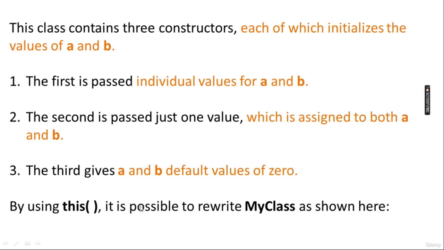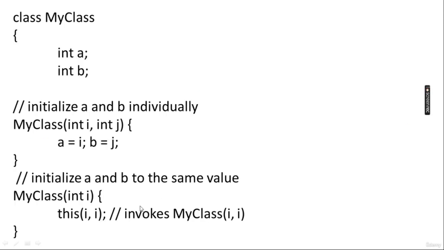Okay, so using this it is possible to rewrite this class like so. Initialize a and b individually: MyClass(int i, int j), a = i, b = j. Then initialize a and b to the same value: this(i, i). Okay, so this(i, i) invokes MyClass(i, i).